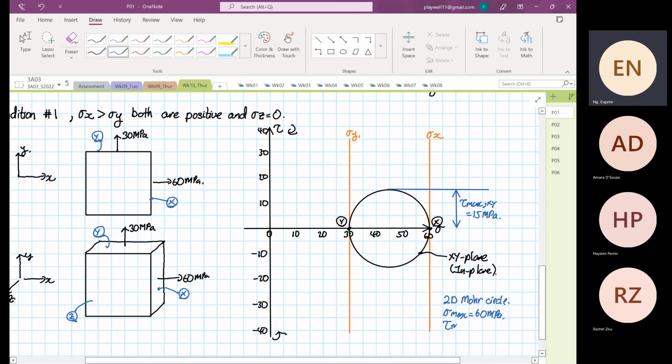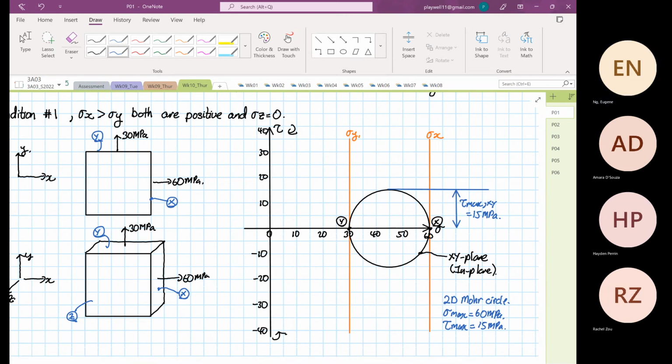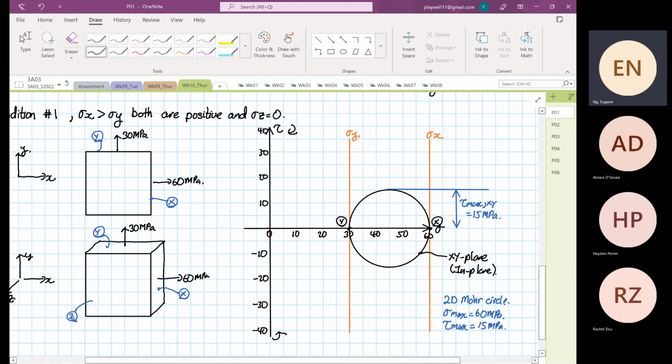Our shear max is equal to 15 megapascal. Okay, fine. So now when we use 3D Mohr circle, right, we know that point Z will be over here, because point Z has 0 normal stress and 0 shearing stress.